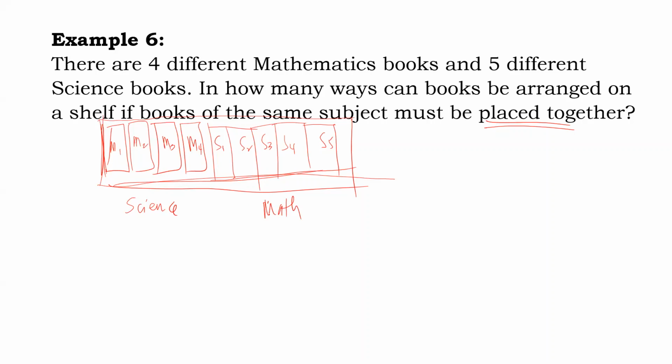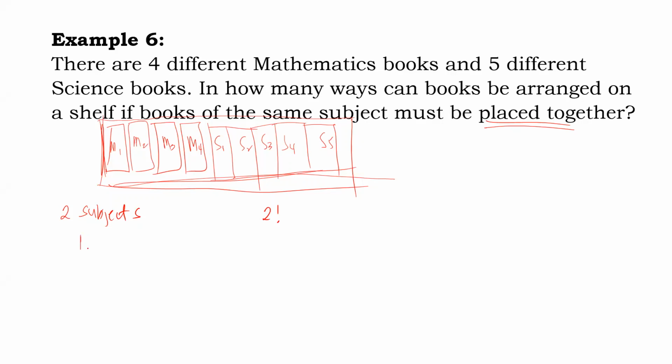So, meron kang 2 choices. Pwede mong pagbaliktarin si math and si science. That is, okay, 2 subjects. You are going to rearrange the 2 subjects. That is 2 factorial. Subject muna tayo ha, yung math and the science.